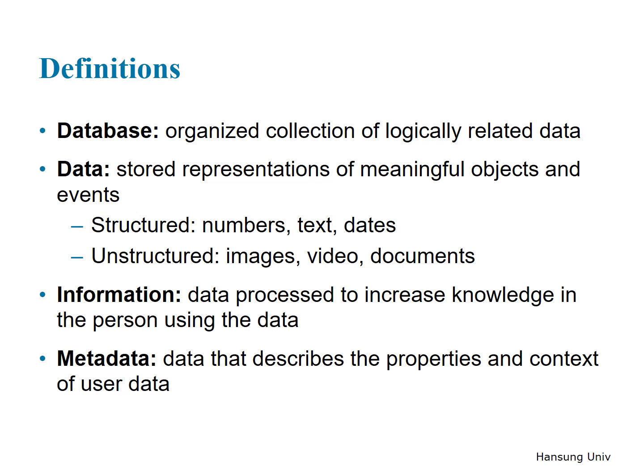Usually structured data is numbers, text, and dates, and so forth. Unstructured data is images, videos, and documents. And as already explained, information is processed data in order to increase knowledge in the person using the data. And then metadata is data that describes the properties and context of user data.